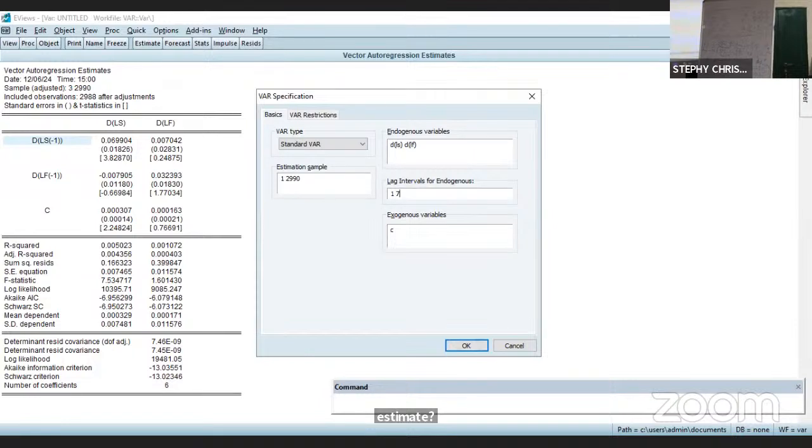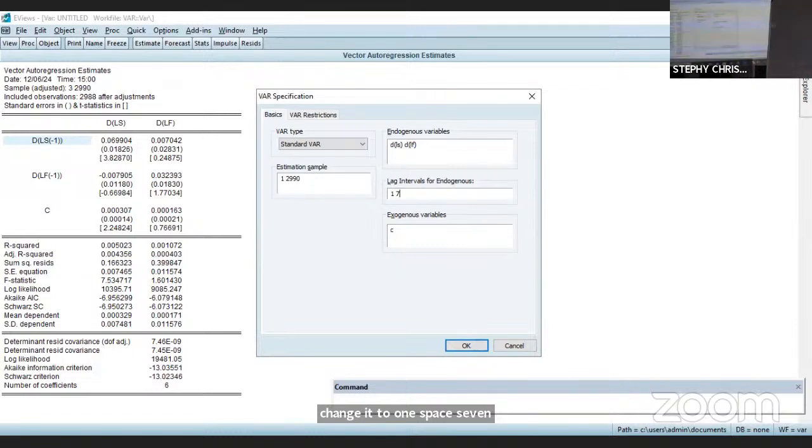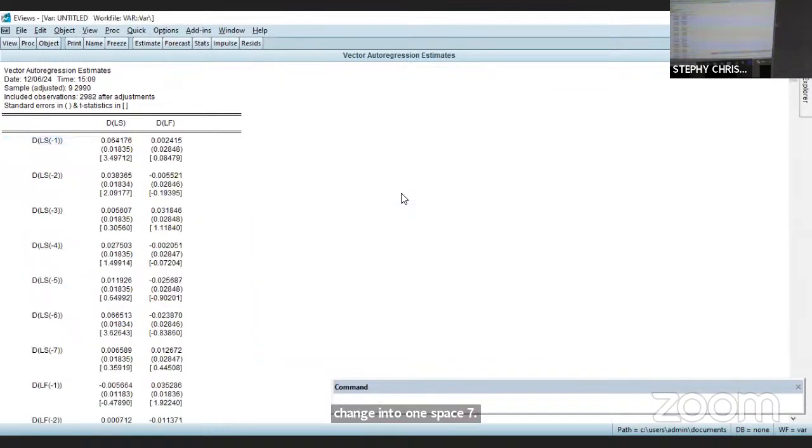Change it to 1 space 7. Change it into 1 space 7. Click OK. Yeah, it's working.